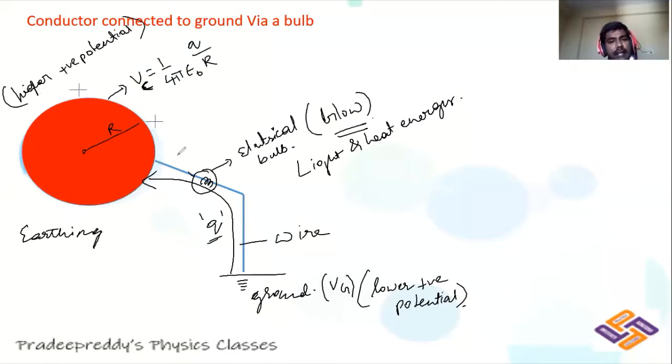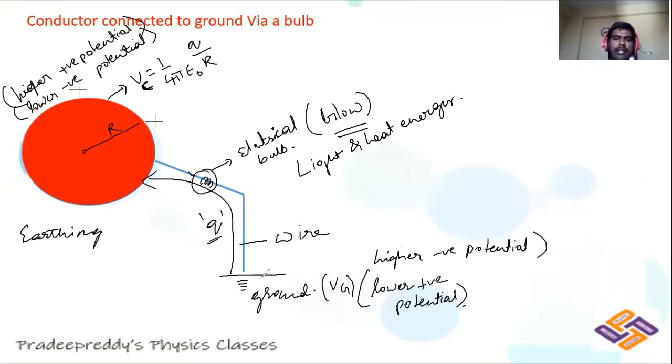Similarly, as far as negative charge is concerned, this is lower negative potential, and the ground is higher negative potential, right? Because the ground has an abundance of free electrons, it can provide electrons to any charged body. Therefore, it is treated as higher negative potential with respect to negative charge.